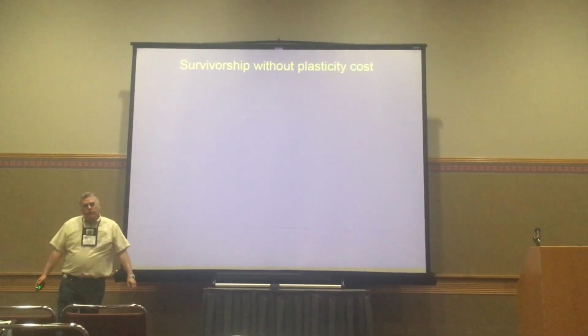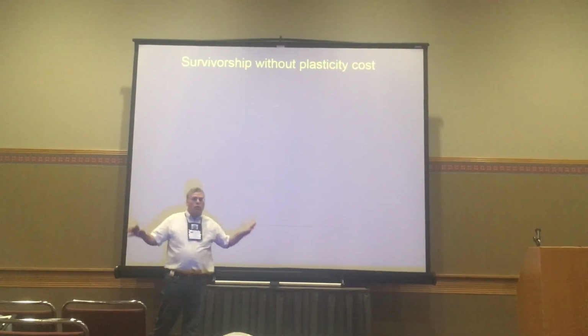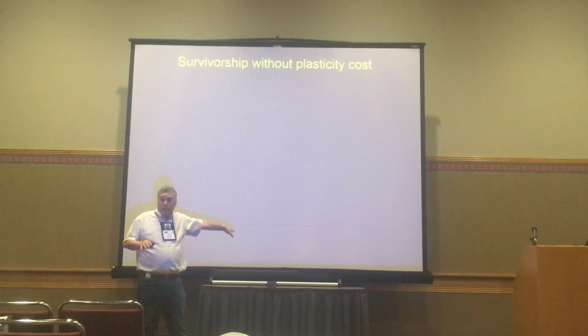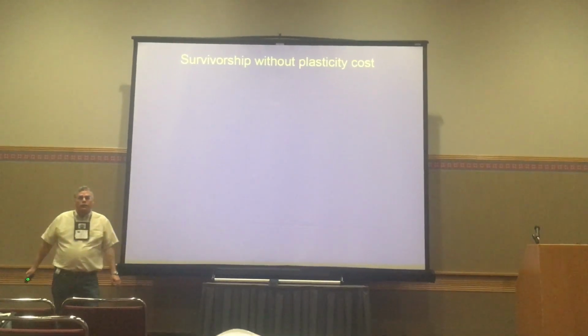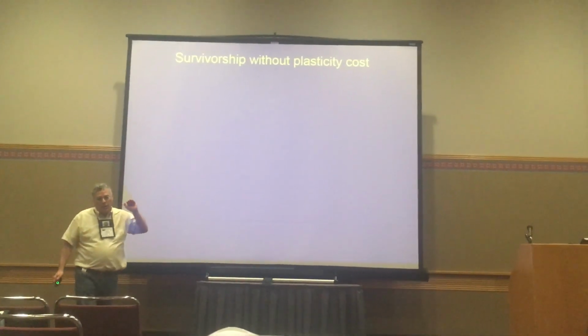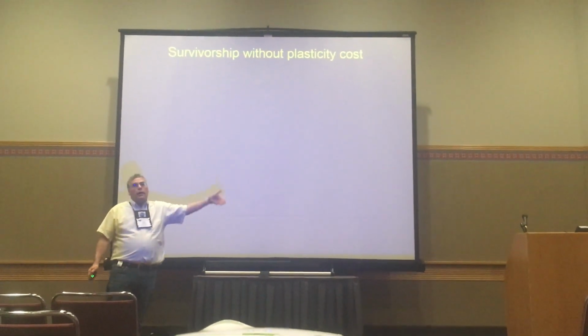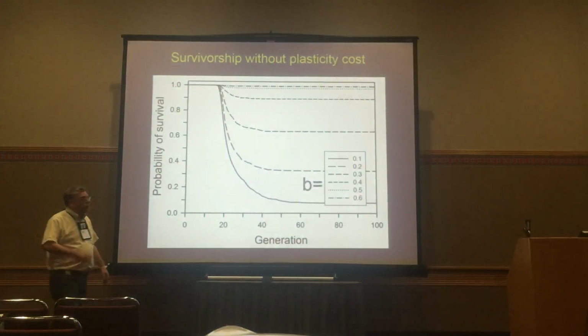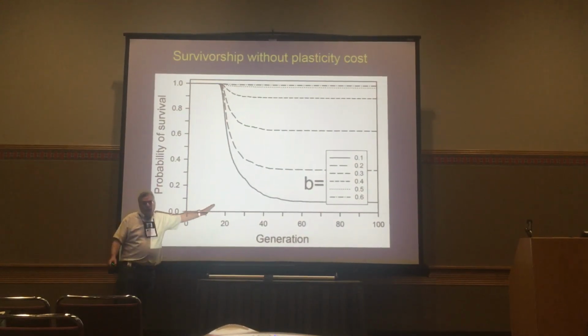So, first of all, let's start out with the simplest, with the case where there's no cost of plasticity. So I'll go through that scenario first. And first we're going to look at survivorship. So the environment's changing. There's a demography that's going on for about the first 20 generations.